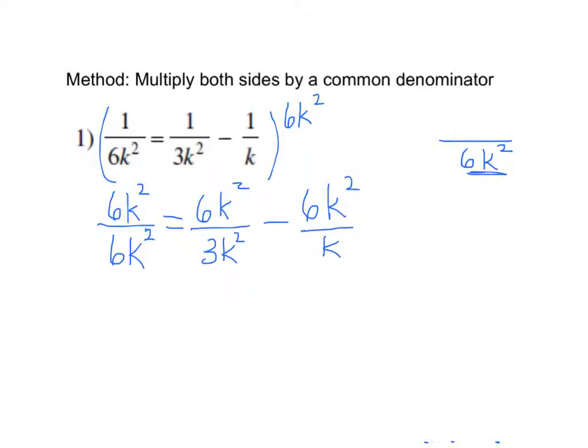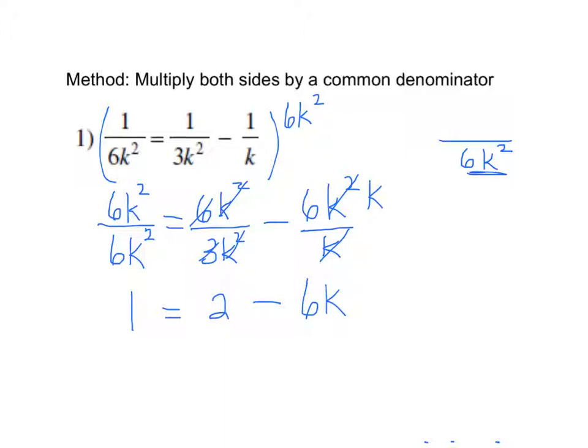All right, so I'm going to reduce each fraction. 6k squared over 6k squared is just 1. So this is 1 equals. On this one, the k squareds cancel. The 3 goes into the 6 2 times. And here the k squared and the k cancel, leaving 6k.